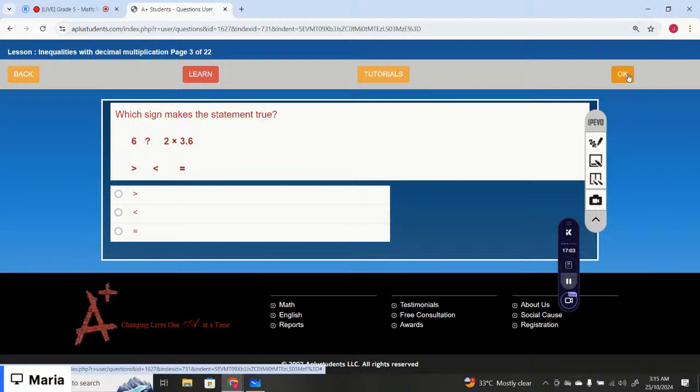Okay, 6 you have to compare it to 2 times 3.6, so which is the correct option?